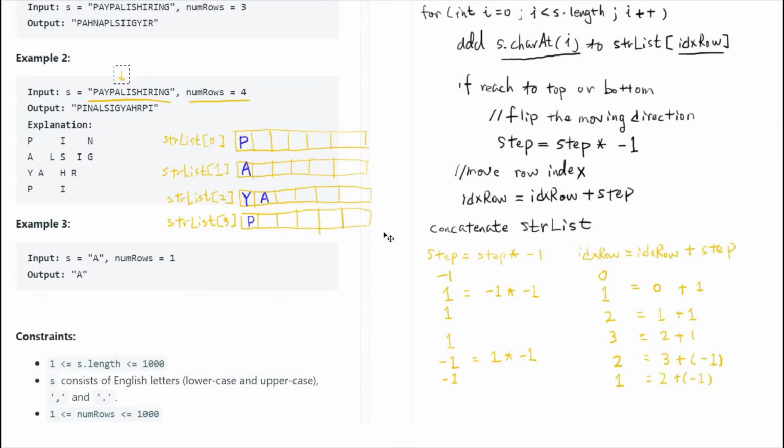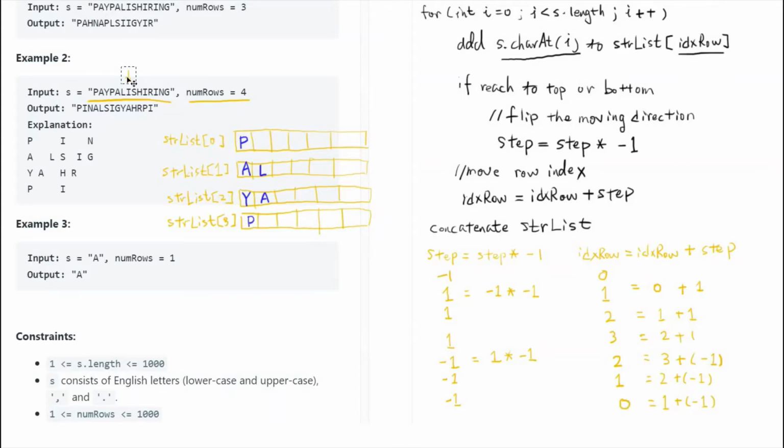We add L to the string list 1. Then we check if it's at the top or bottom. It's not, so we skip this step. The step remains as -1. Then we calculate the row index is equal to 1 plus -1 is equal to 0.